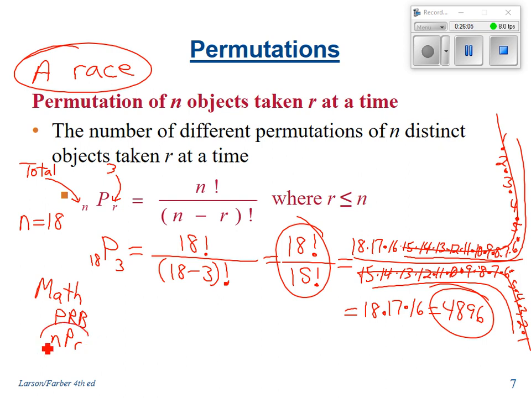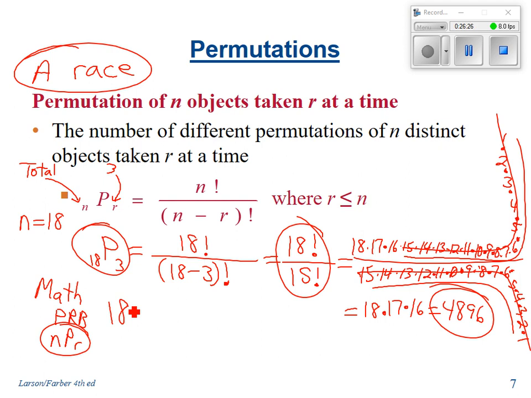Now, the bad thing with using the NPR button, you got to remember, and I forget to do it all the time, if we're doing this, what do we have to do before we go to math? You gotta type in 18 first. I'll push the math button and get in there and then think, oh crap, I forgot to put in the 18. Then you gotta go back, put in the 18, then go back to it all again.